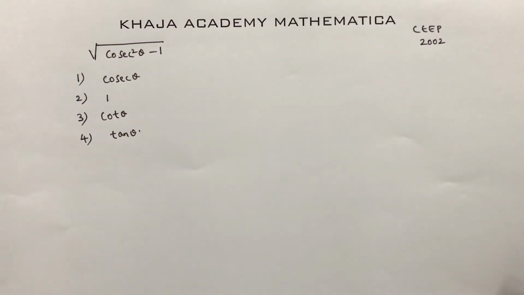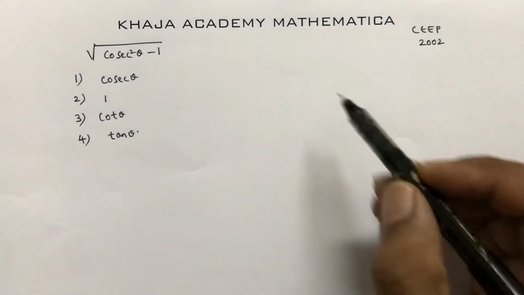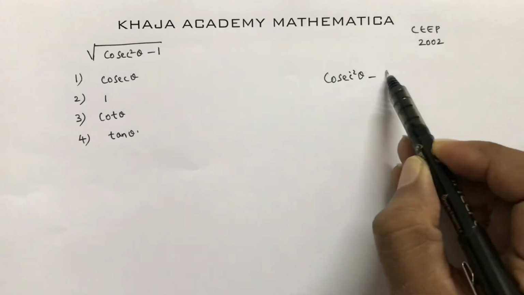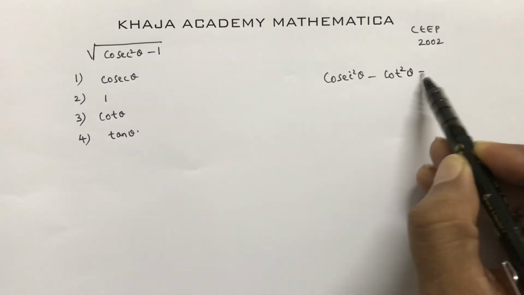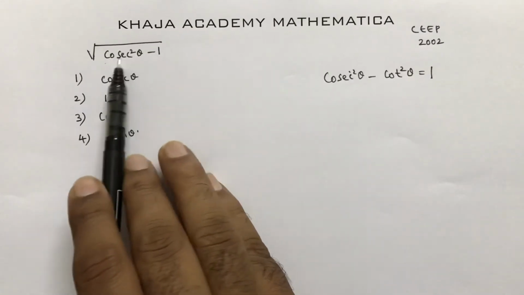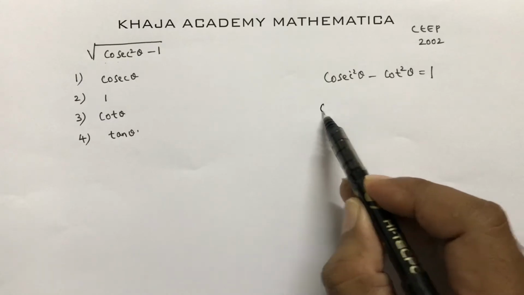See, this question is based on the identity cosec square theta minus cot square theta is 1. Here we need to find the value of under root cosec square theta minus 1. So first find from here what is cosec square theta minus 1.